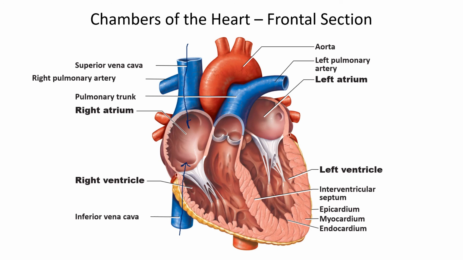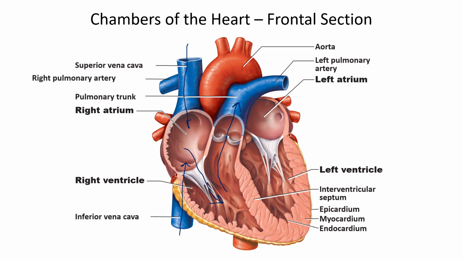Then that blood is going to be pushed by the right atrium through the right atrioventricular valve and into the right ventricle. The right ventricle is going to contract and it's going to push the blood up through the pulmonary valve and into the pulmonary trunk.